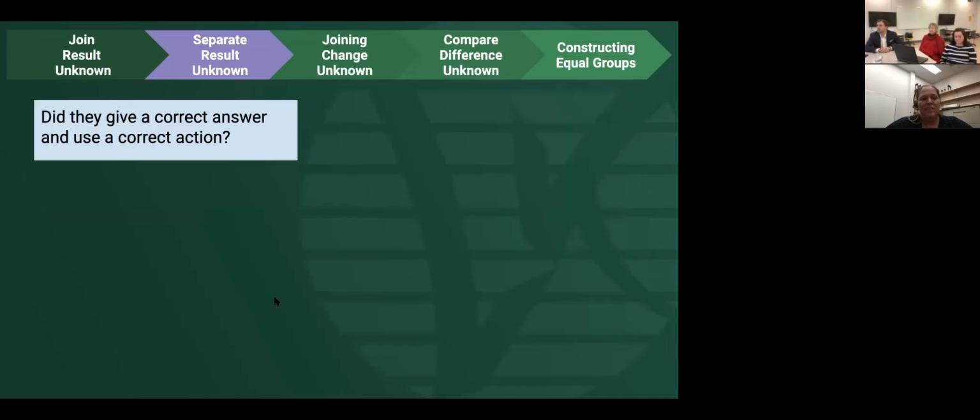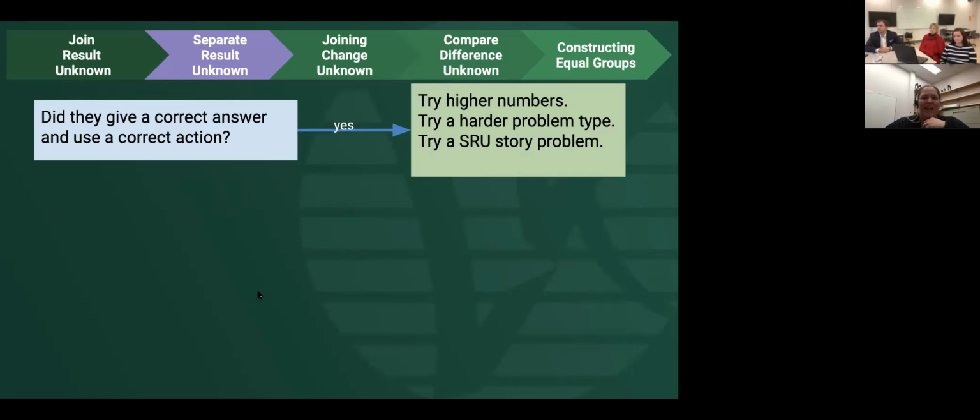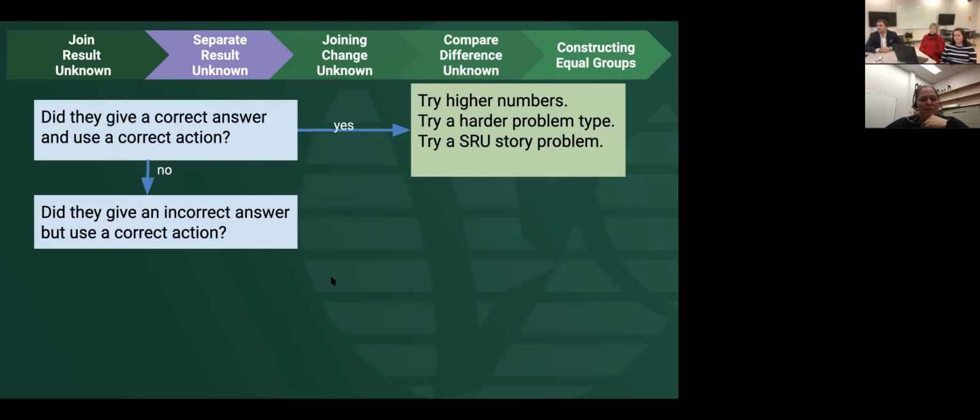So this part's going to be pretty similar to the last one. Did they give a correct answer? Yes. Try higher numbers, try a harder problem type, or you could try the full separate result unknown story problem. Did they give an incorrect answer, but their action was correct?